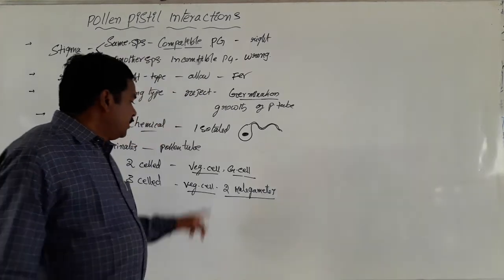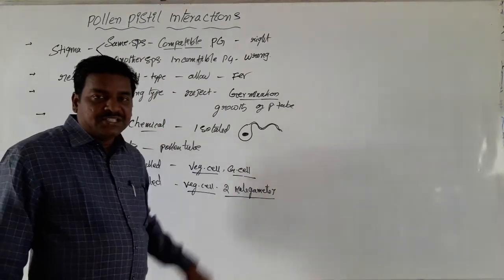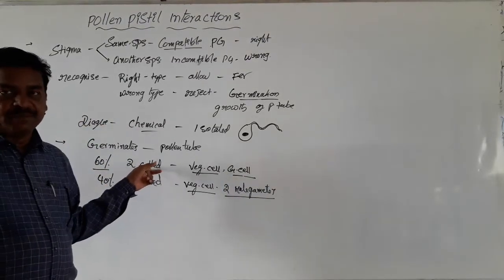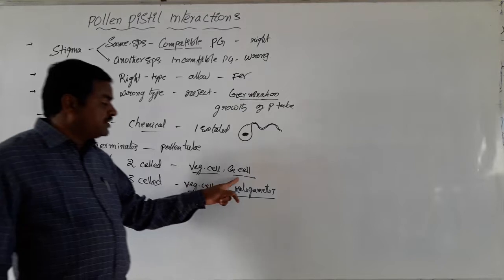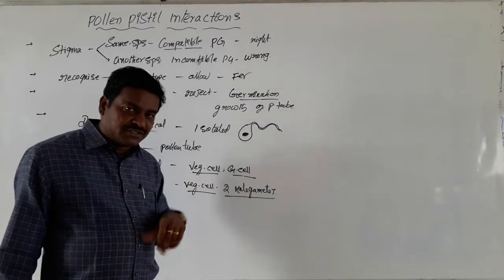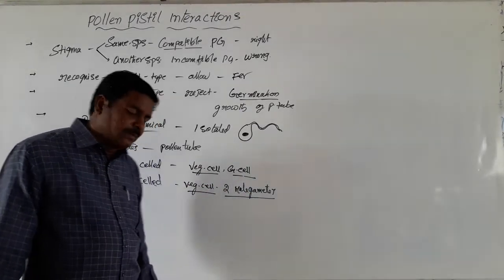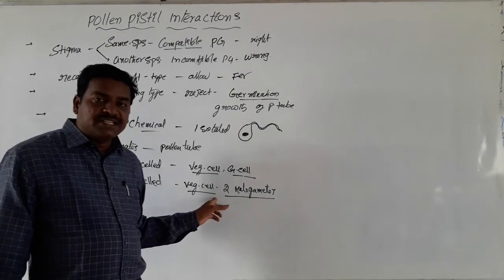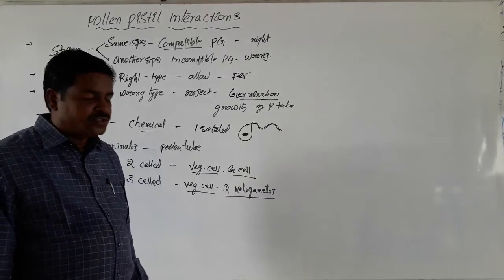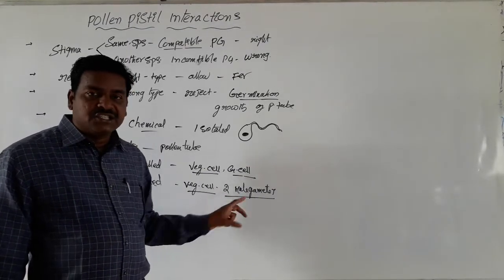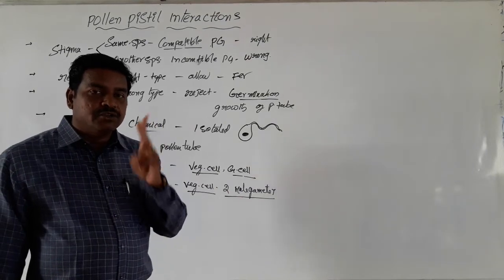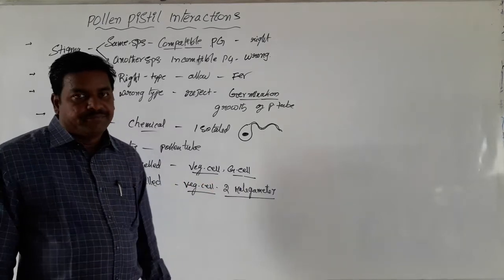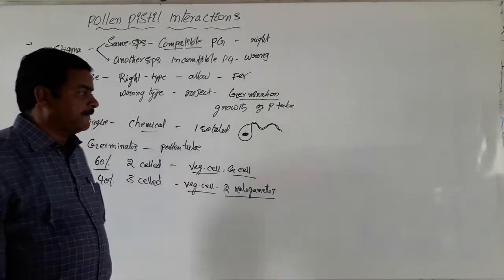But in 40% of plants, 3 cells are already present inside the germinating pollen grain, so the pollen tube carries the vegetative cell and 2 male gametes from the beginning.